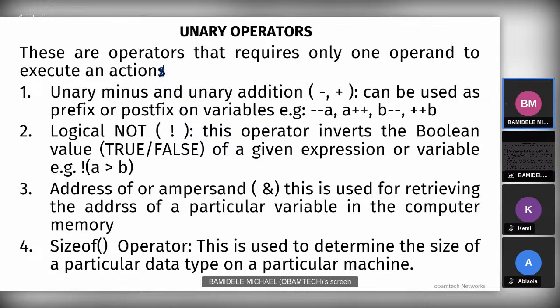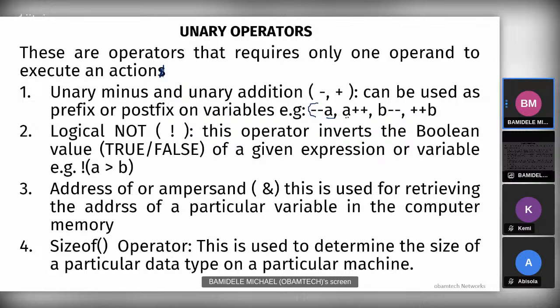Just a single entity is required to perform an action. That is what unary operators deal with. So imagine you have a single variable called a, and it is performing this action, --a, which is called prefix decrement.